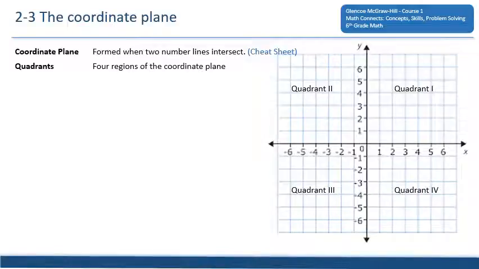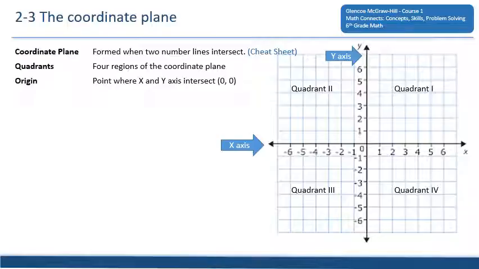Notice we start with Quadrant 1, the top right corner, and then we go counterclockwise, 2, 3, 4. We have the x-axis, y-axis, and the origin, the point where the x and y axes intersect at 0, 0. And there it is, 0, 0.